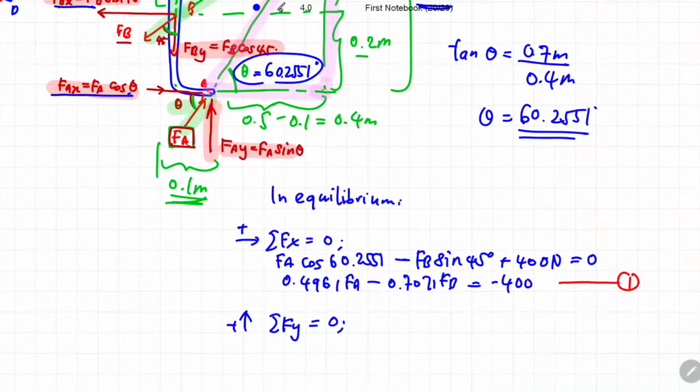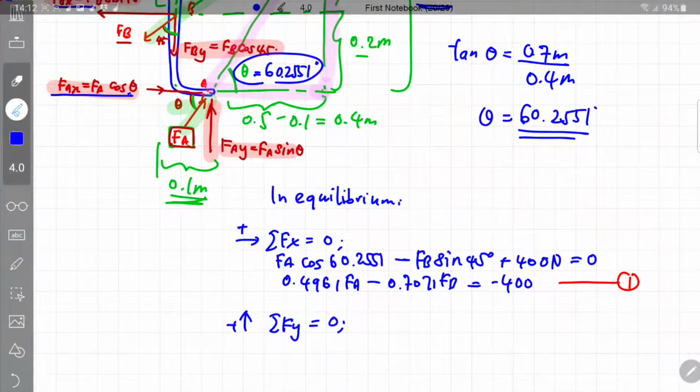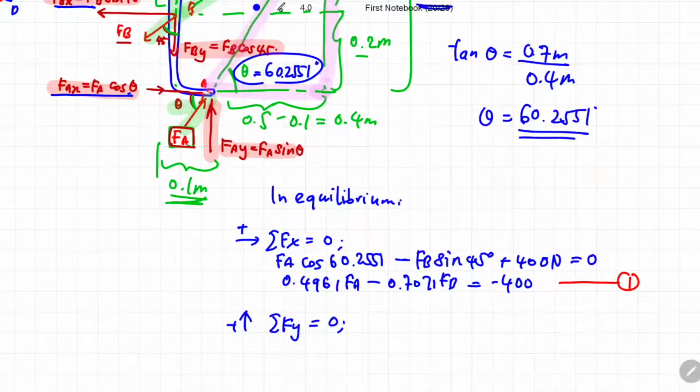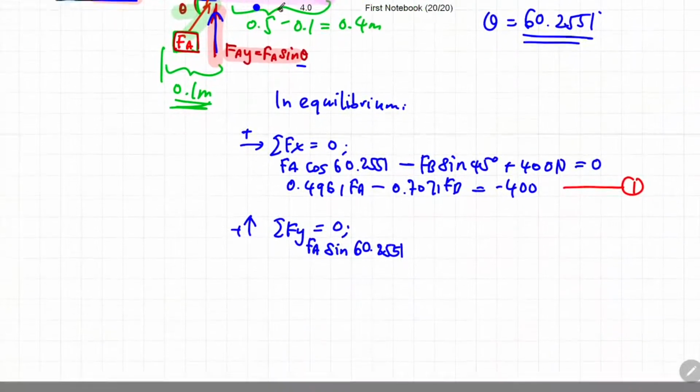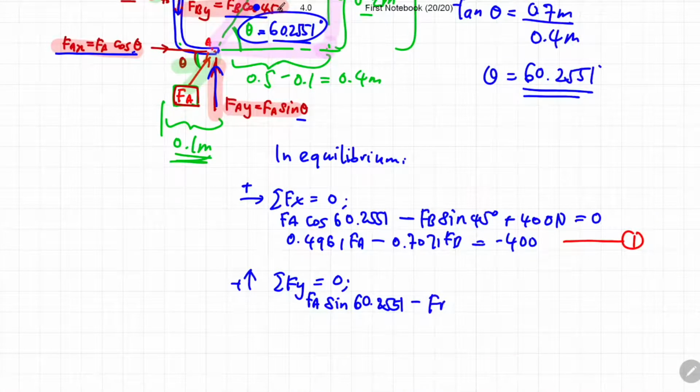So if I were to rewrite it over here in my equilibrium condition for y, so I can write as FA sin theta. Theta kan kita dah kira tadi, which is 60.2551, and then it's positive because it's pointed upward, and minus, this is downward, minus with the FB cos 45 degree, and the summation of these two forces should be equivalent to 0.